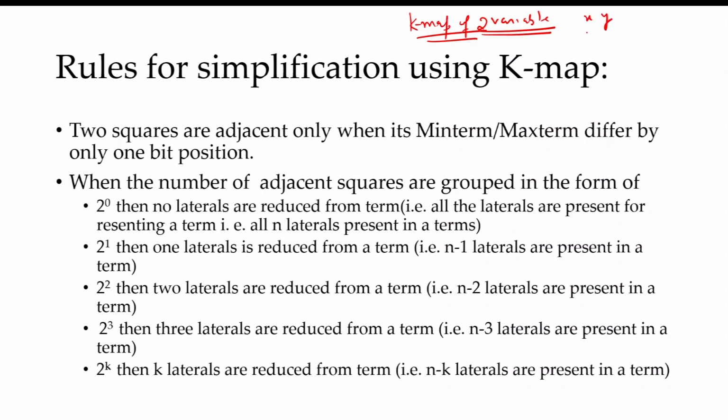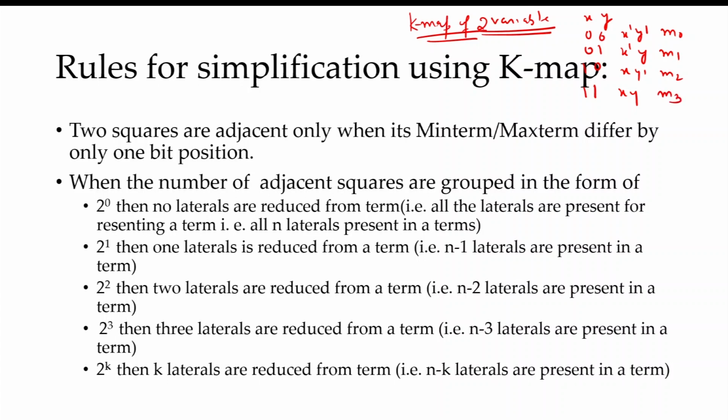The variable values are 00, 01, 10 and 11. These are the minterms: x dash y dash, x dash y, x y dash and x y. When x dash y dash, it means 1 is multiplied by 1; where there is 0, we take the complement, x complement, y complement. This represents minterm 0, minterm 1, minterm 2, minterm 3.